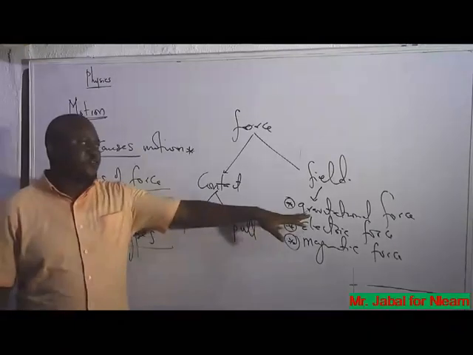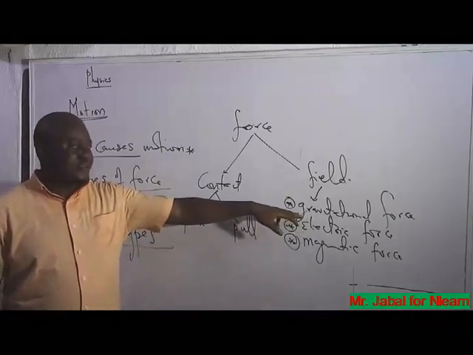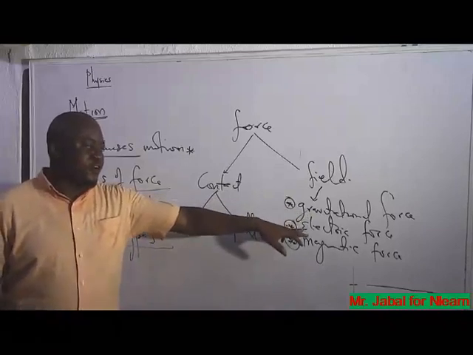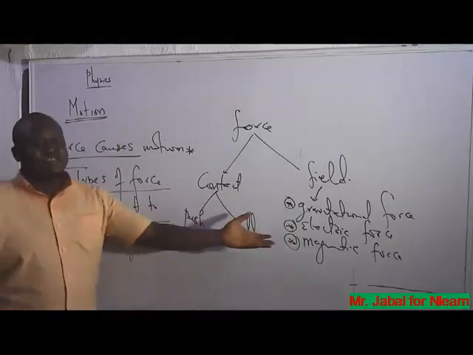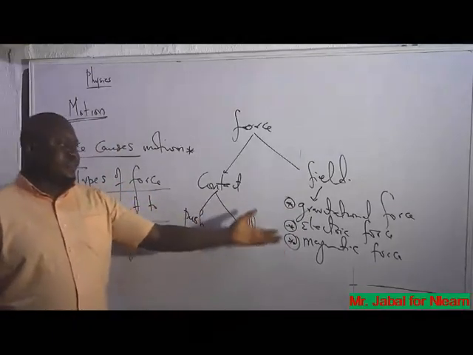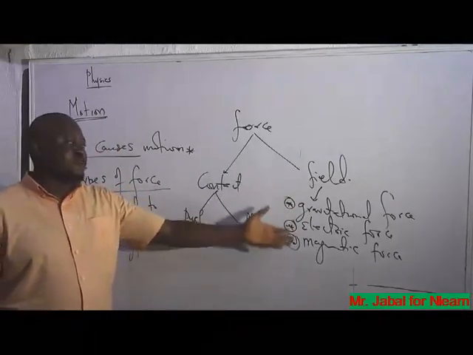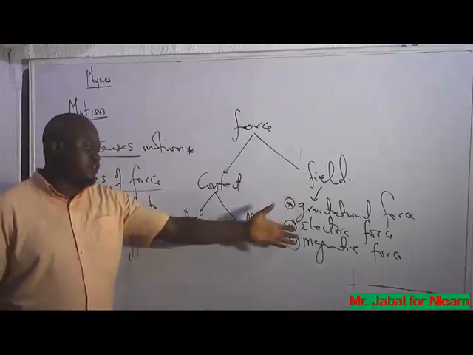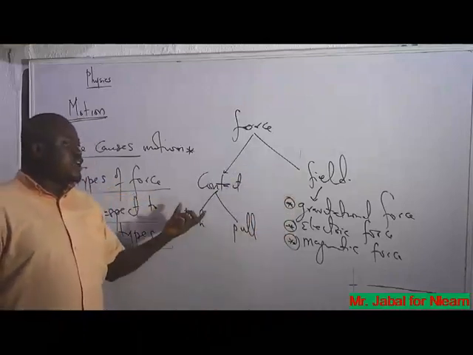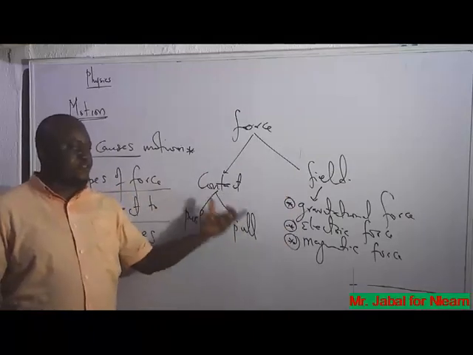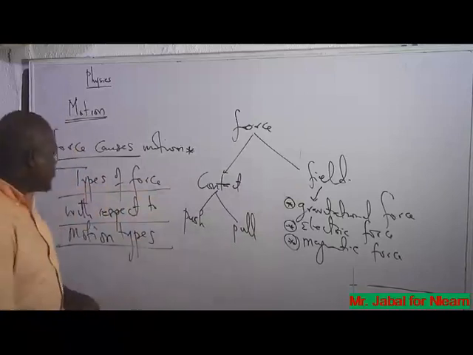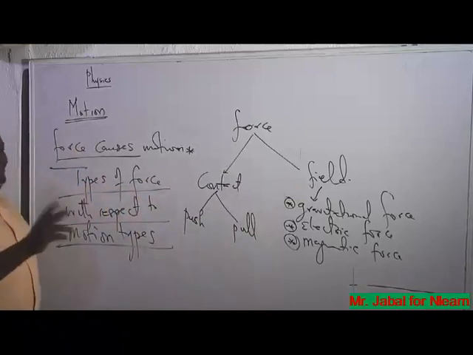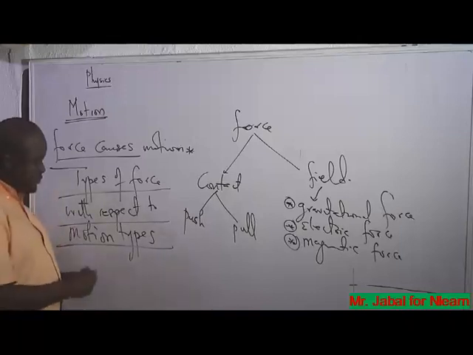What gravitational field will cause, electric field will cause, magnetic field will cause, is the same thing, varying depending on the quantity of force put into the body, as what a push and a pull from a contact force will bring. Because of these types of forces, motion was split into different types, which we now have 4 types of motion.